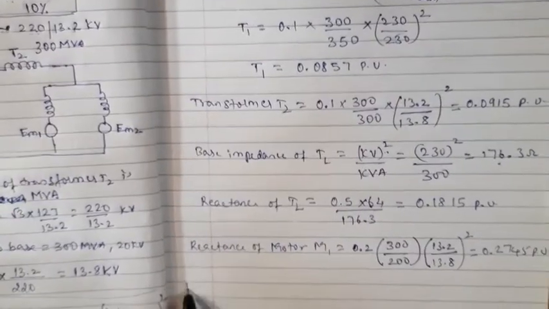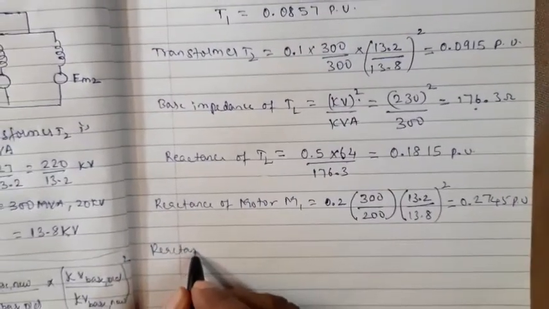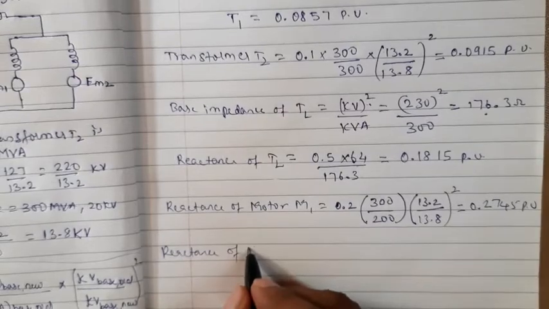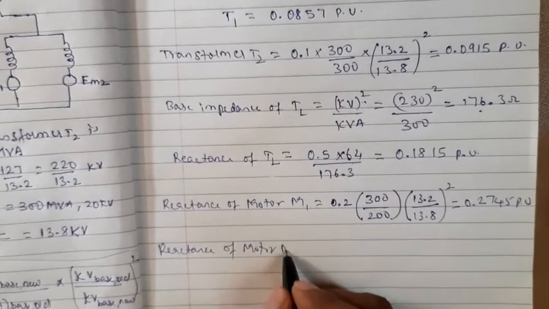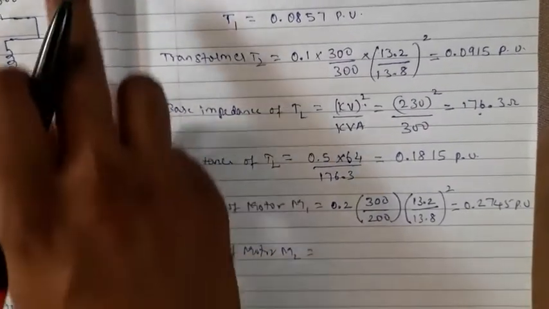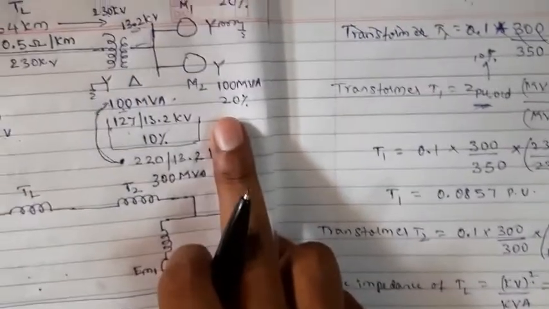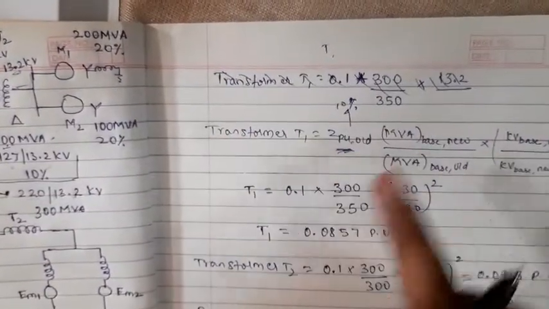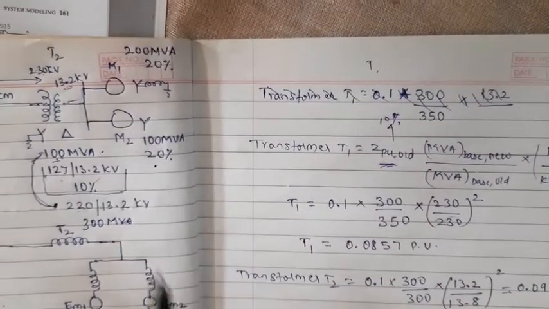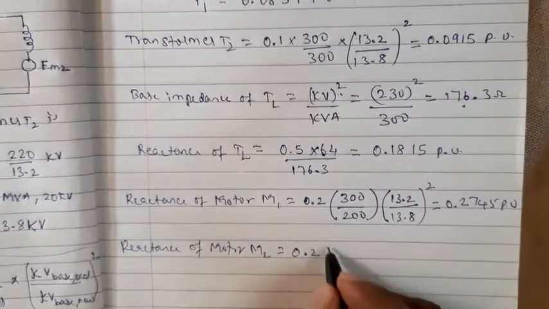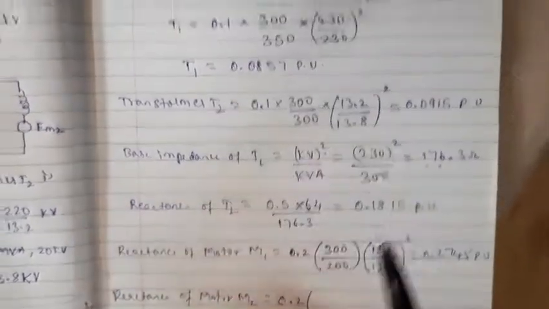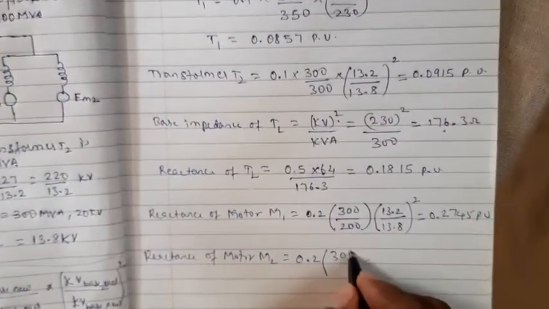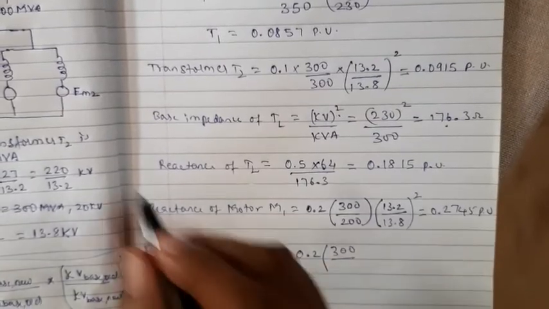Now the reactance of motor M2, it is the same. We have to use the same formula. What is the value? 20%, so it becomes 0.2. What is the new MVA? It is 300. What is the old one?